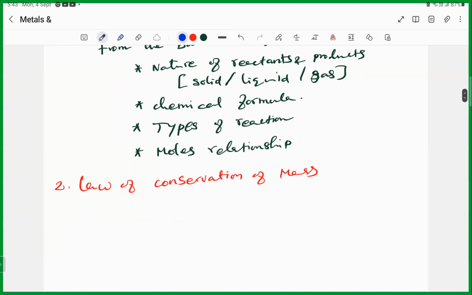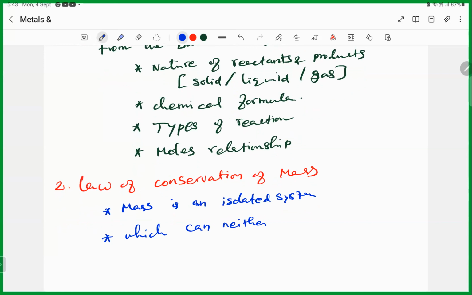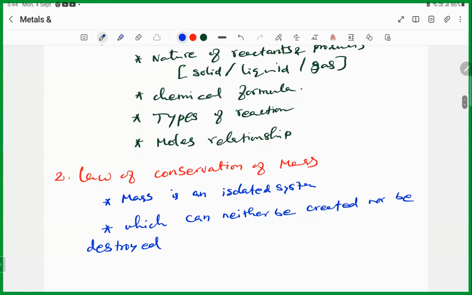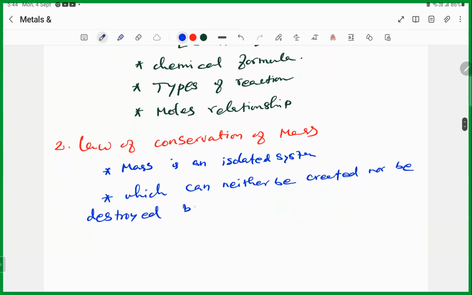So first one, mass in an isolated system. Number two, what does the law say? Which can neither be created nor be destroyed by chemical reaction.